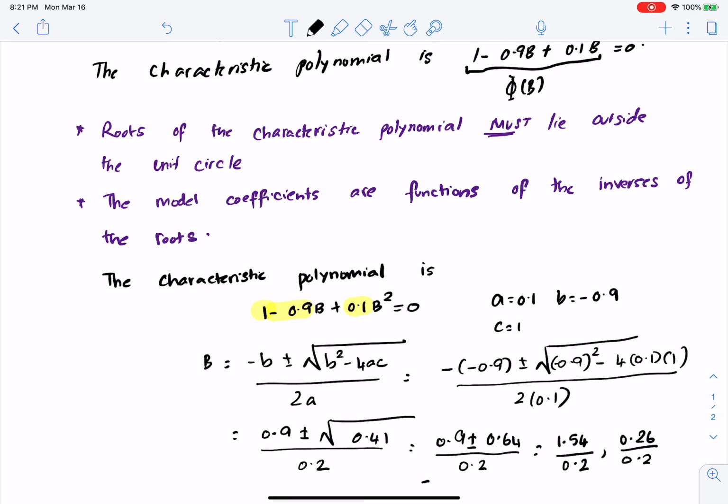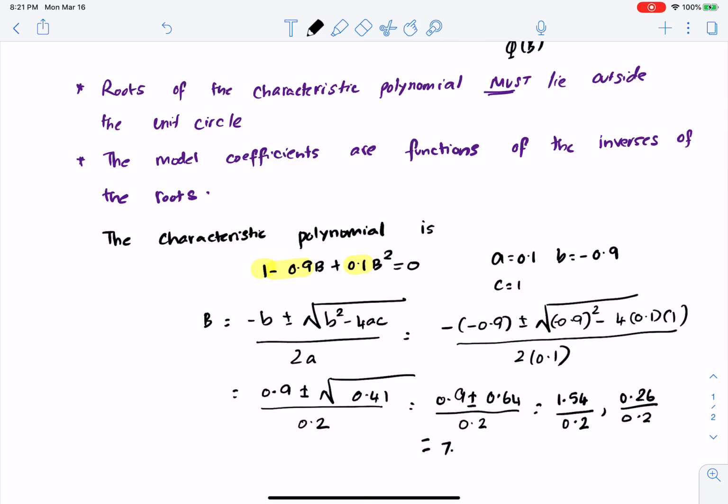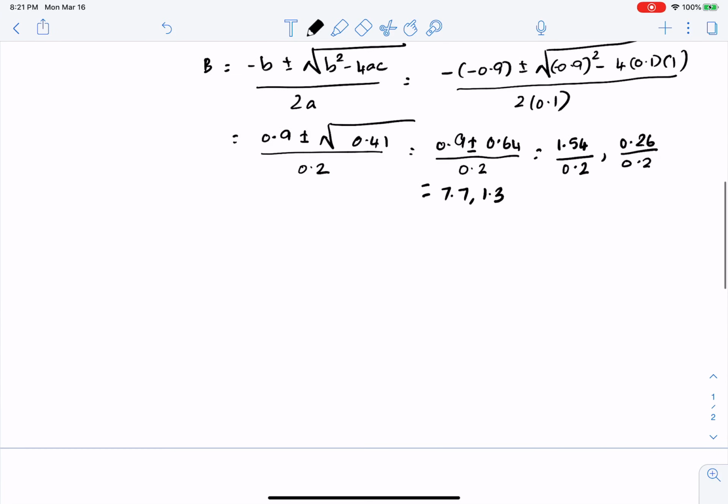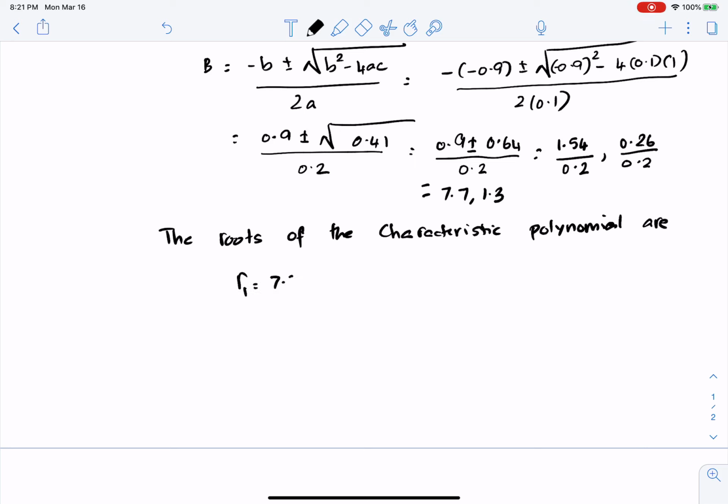So I get 7.7 and 1.3. So the roots of the characteristic polynomial are R1 equals 7.7 and R2 equals 1.3.